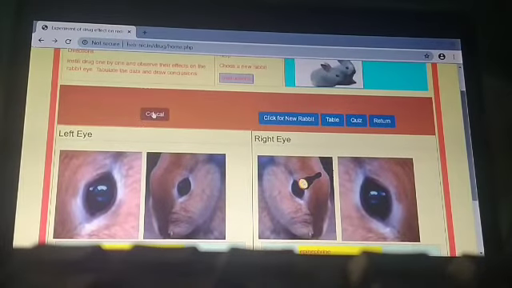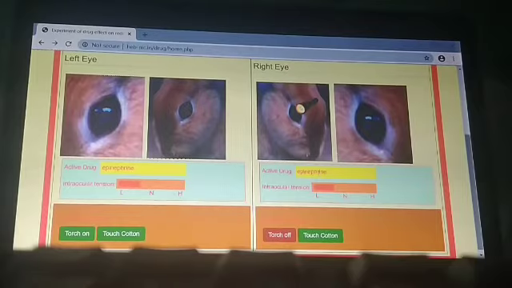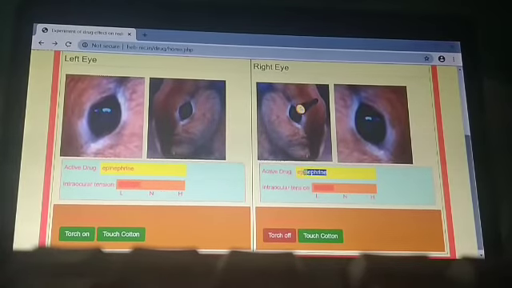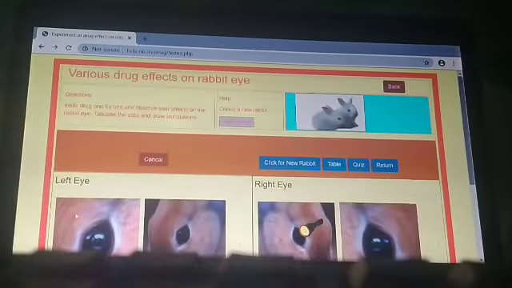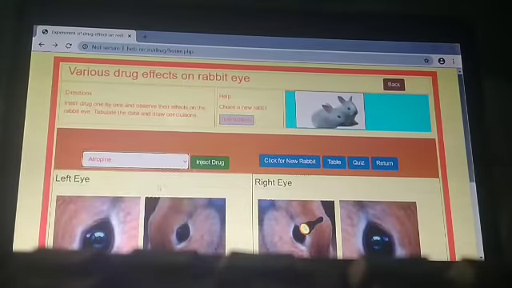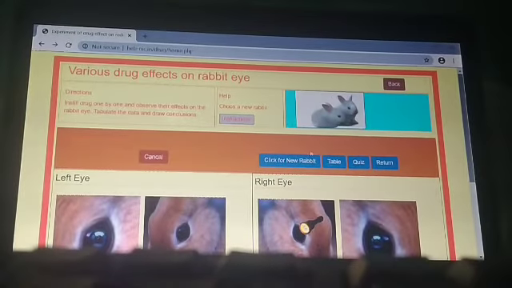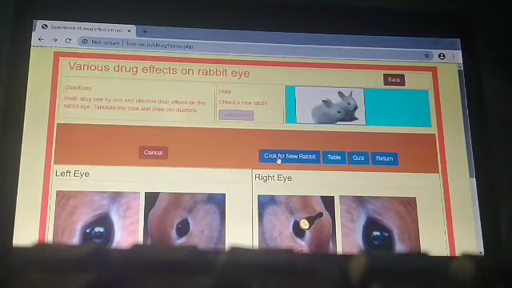Similarly, if I am giving this same drug, atropine, here, or we can click a new rabbit also.